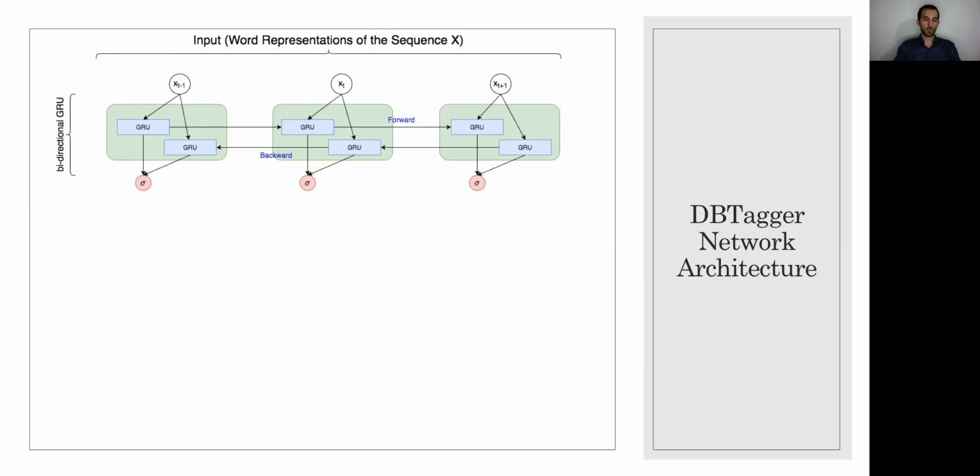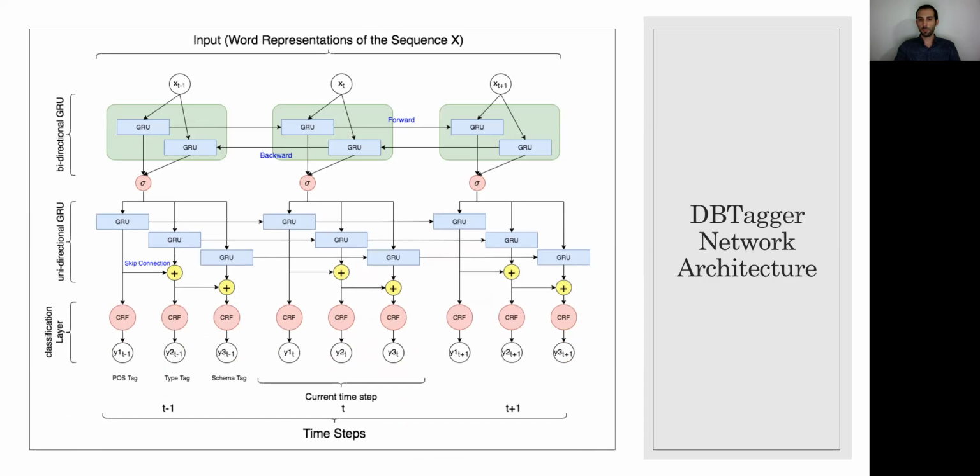However, we introduce multiple modifications regarding the observations we made. As I mentioned before, we apply multitasking, and as you can see, there are 3 different tags for each input word. And we also apply skip connections. Here, you can see that there is a connection between the next task and the previous task, so that we can exploit the encoding done by the previous task.